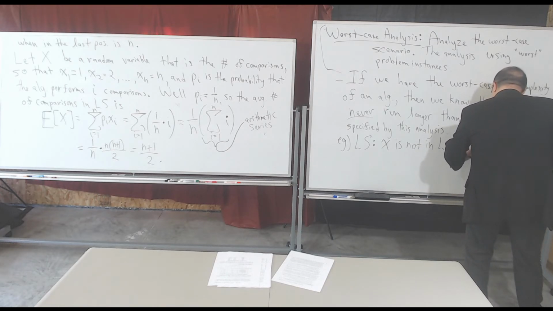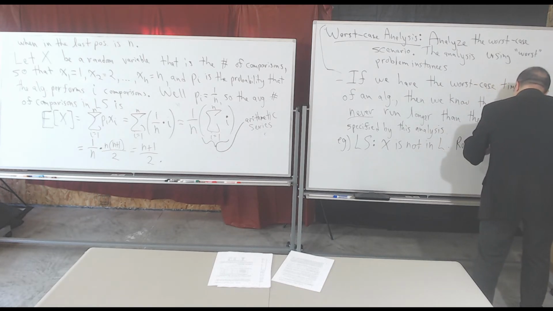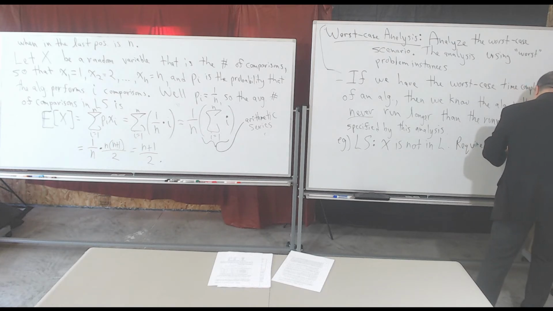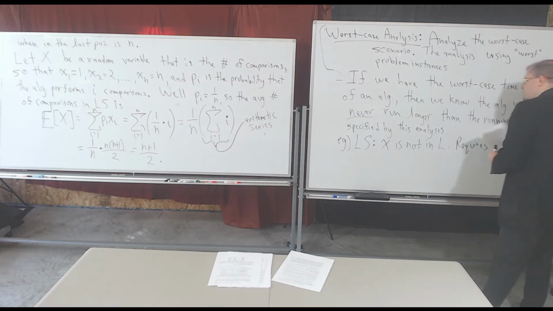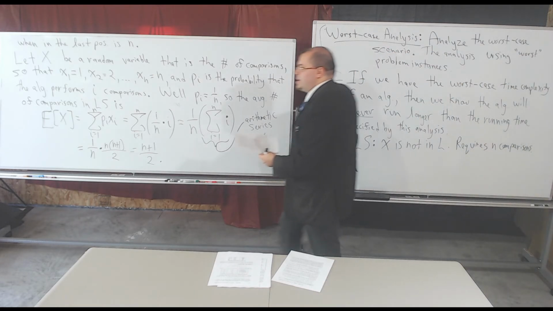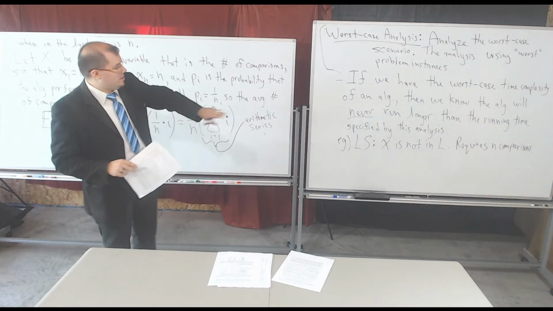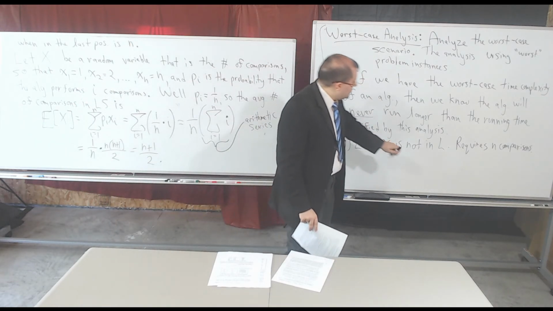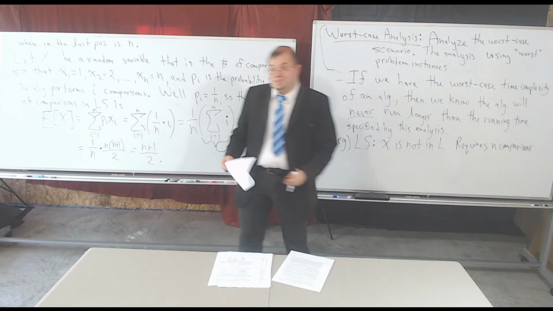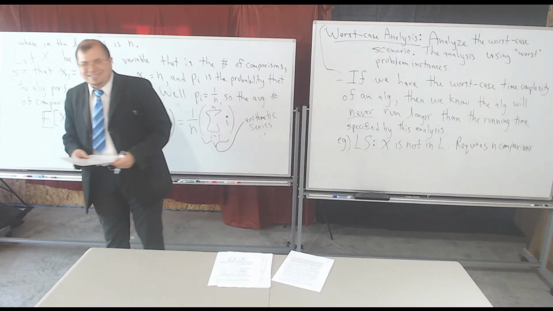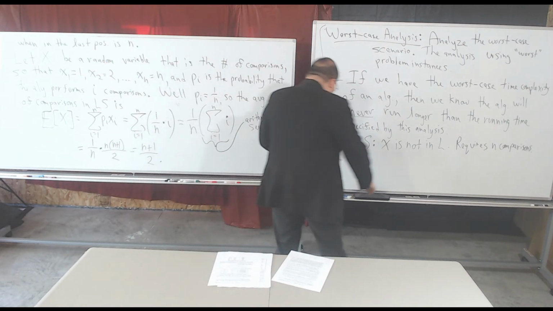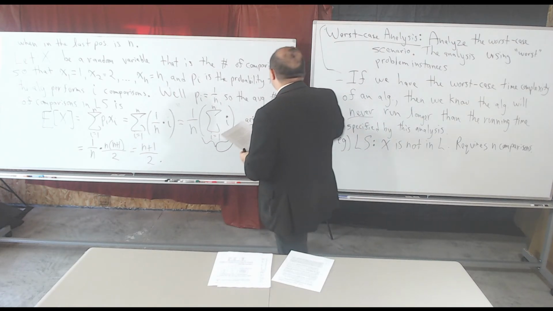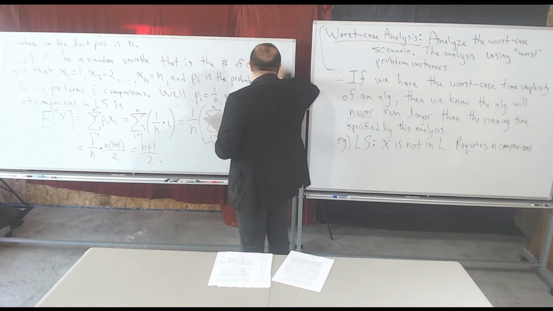So it requires N comparisons. So what you want to do is identify the instances for which the algorithm is going to do its worst. There's going to be a whole set of these worst problem instances that do this. And we can't do any worse than that, because I check every element in the array. And that's what linear search does.